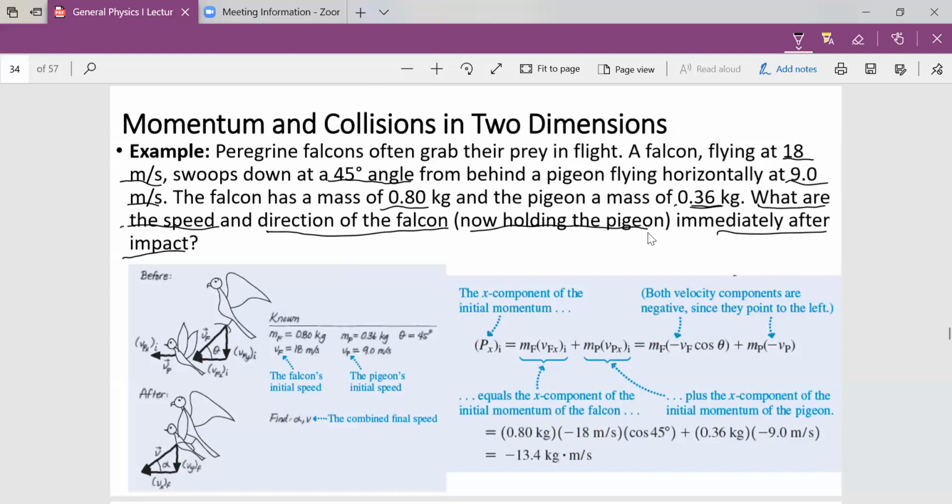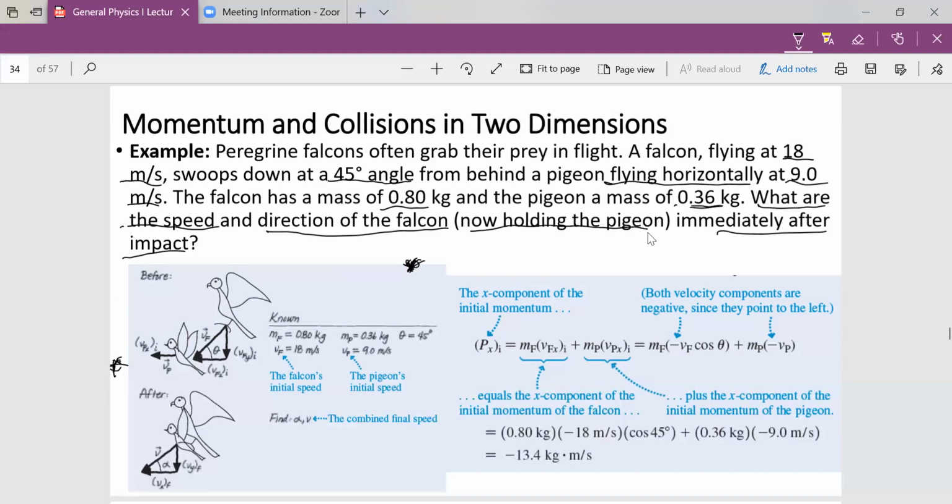Before the impact, we have the visual representation of this question here. They were both moving differently. The pigeon was moving, obviously from the picture, towards the left, which is the negative x direction horizontally, as stated in the question.